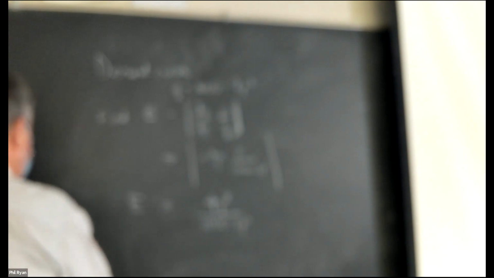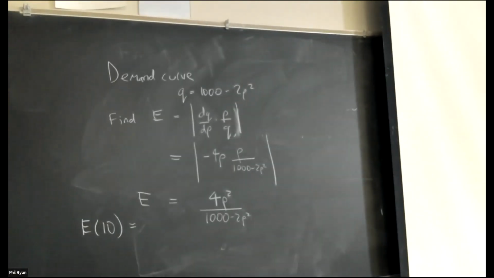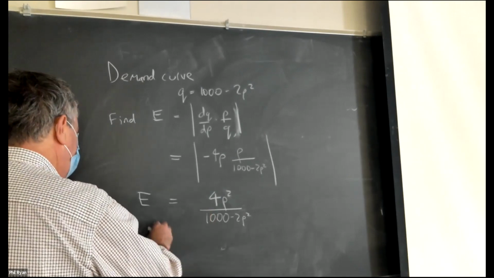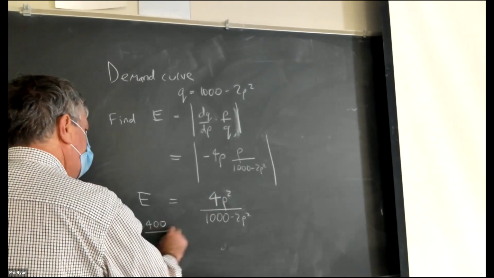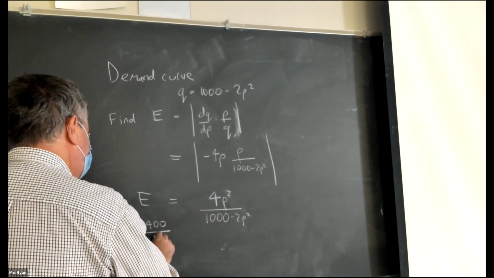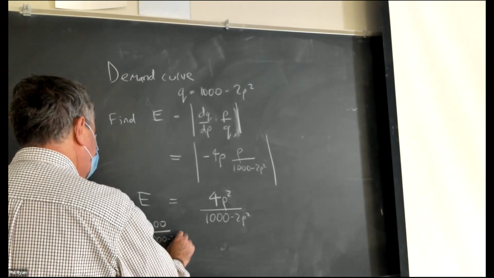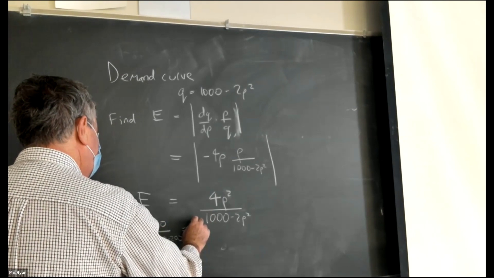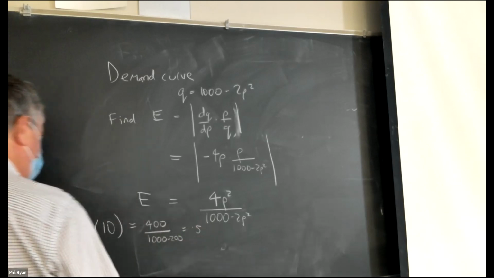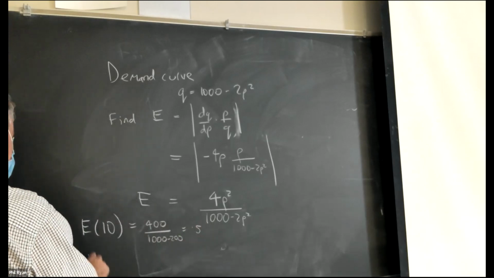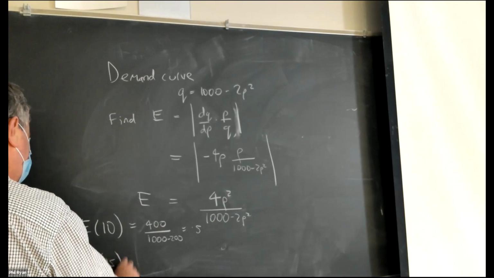So I could ask questions like, what's the elasticity when p equals $10? Well, then I just do 400 over 1,000 minus 200 equals 0.5. What's E of $15?